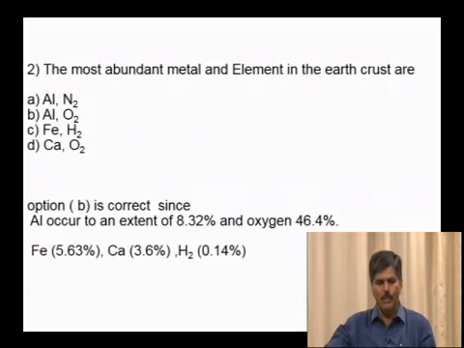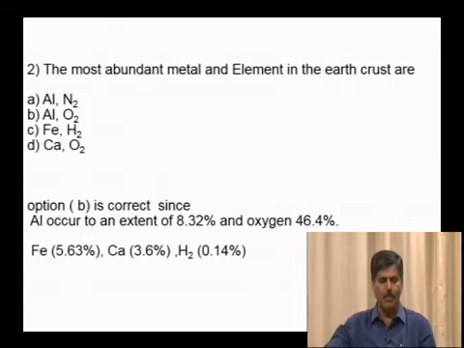To know this one, most abundant metal and element, let us see the percentage of elements in the earth crust. Aluminum occurs to an extent of 8.32%. It is the largest percentage of the metal which occurs in earth crust. And the most abundant element is oxygen, 46.4%.